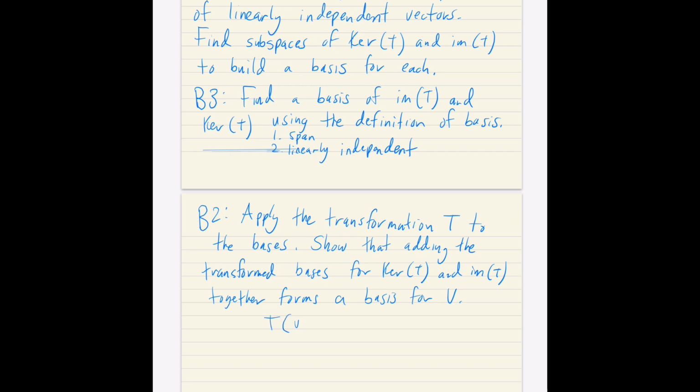T of V1 plus V2 is equal to T of V1 plus T of V2.